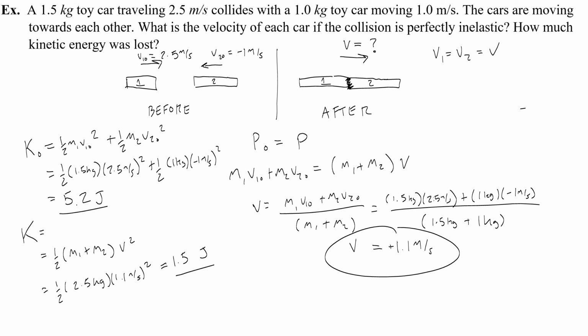To write down how much, you would just write delta K, change of kinetic energy, your final 1.5 joules minus your initial 5.2, and this would give you a decrease of 3.7 joules. Okay, so we found the velocity of the car after the collision, and we found the total energy that was lost, 3.7 joules. Let's do another example.